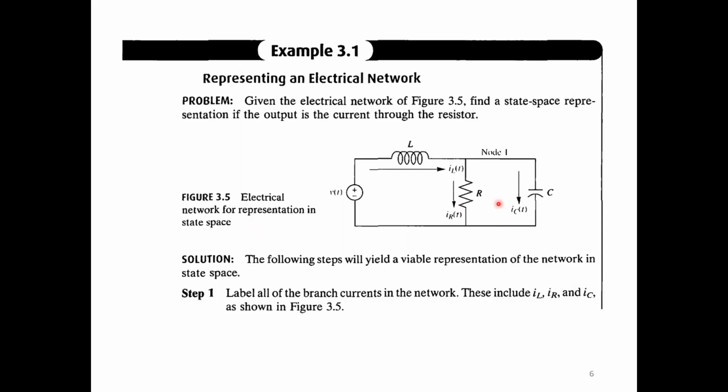Say, this is a network. First of all, label all of the branch currents in the network. This includes IL. So branch currents, this one branch, this another branch, this is another branch. So first label all the branch currents: IR, branch current IL, branch current IC.